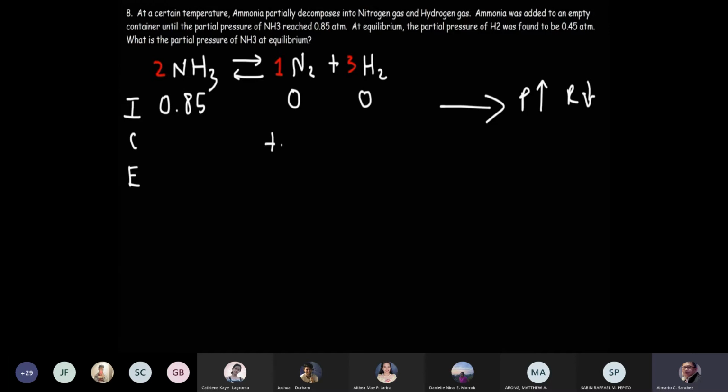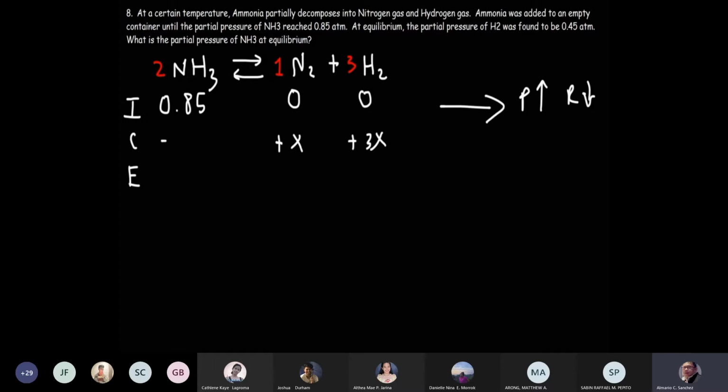So this is going to be positive 1x because it's a product, it's going to increase. And this is going to be positive 3x. Let me write that better. The 1 to 3 ratio is based on the molar ratio that we see here. As the reaction shifts to the right, the reactants are going to decrease in value.